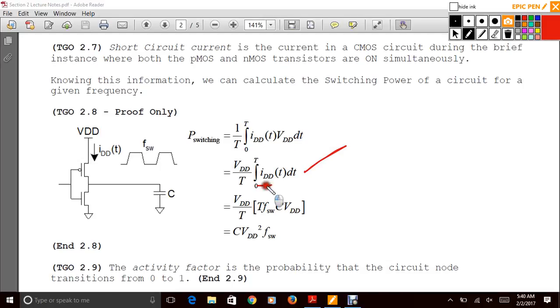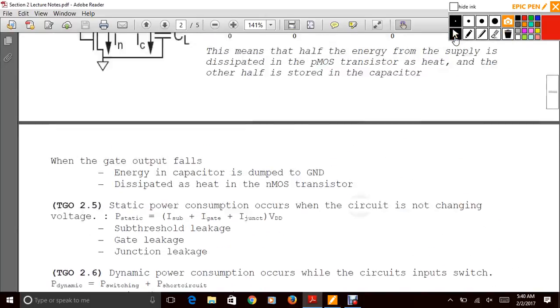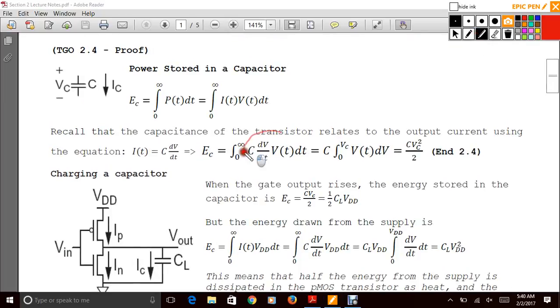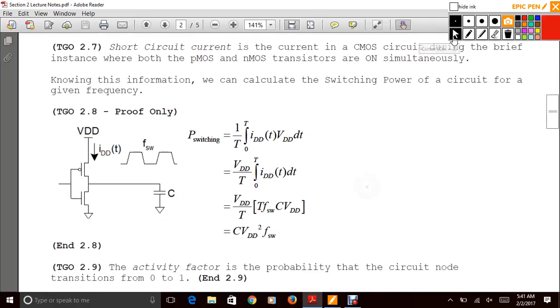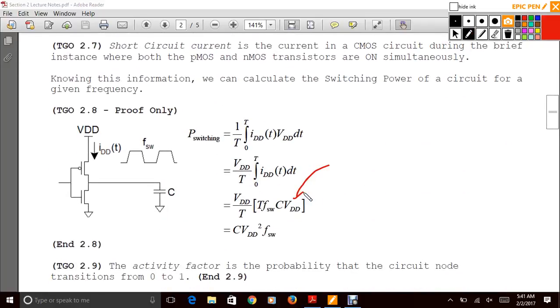So what's going to end up happening? This is dependent upon the switching frequency. If you recall, it's C, you got the coefficients of dv dt. If we go all the way back up here, sorry, I meant dv dt. So using that knowledge, we can figure out CV dv, times the frequency times the time, times the whole time that we do this.